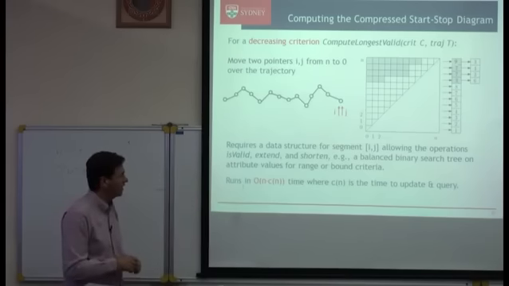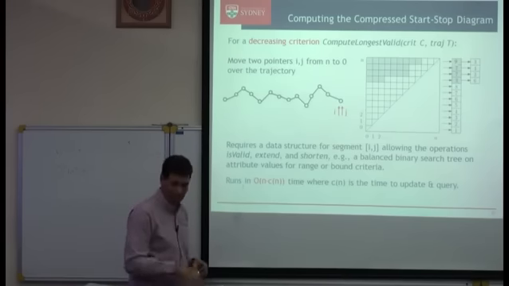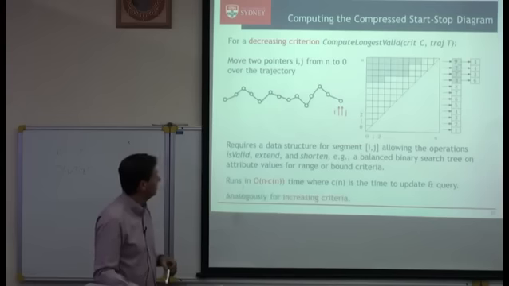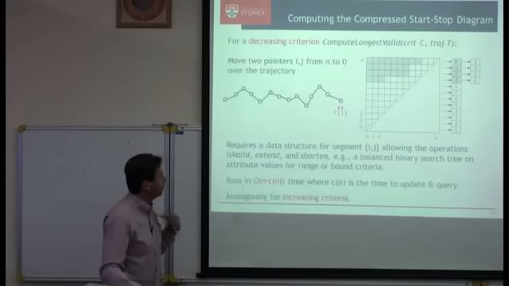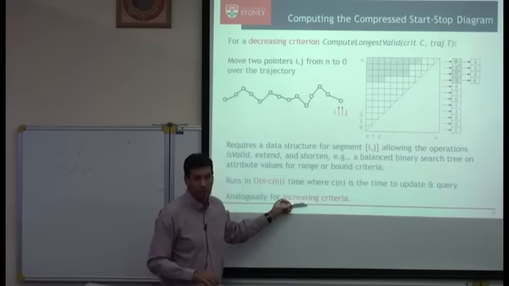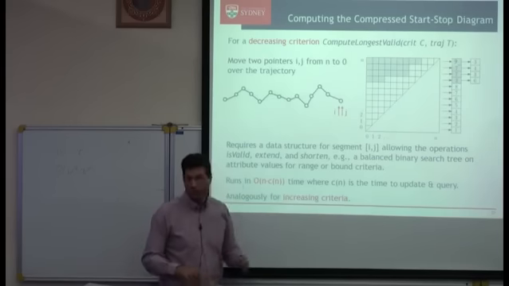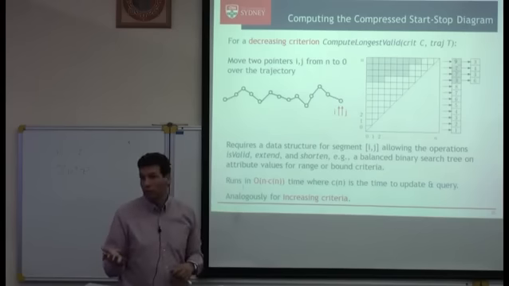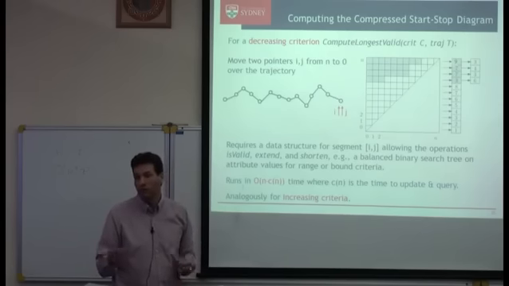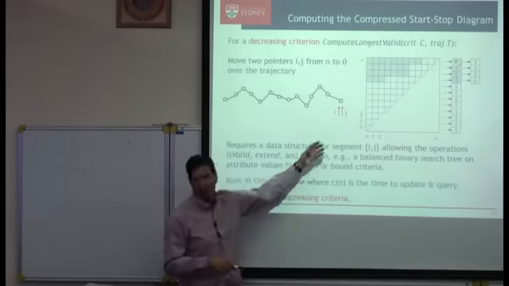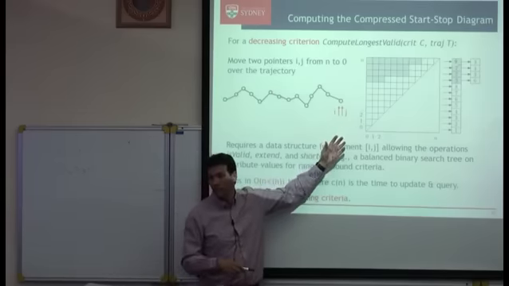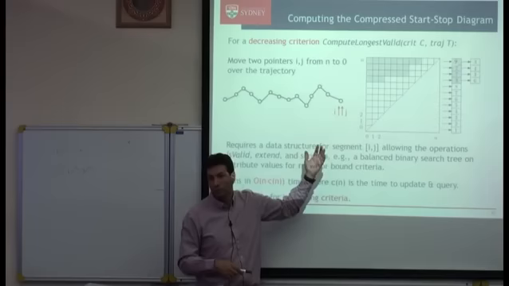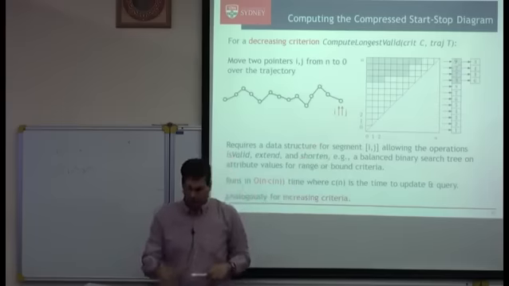Again, it's very easy to do. And of course, you can do exactly the same thing for increasing criteria. One simple way to see it: you can run the same algorithm, but you could also just negate the diagram. Everything that is forbidden will be white, and everything that is white will be forbidden.